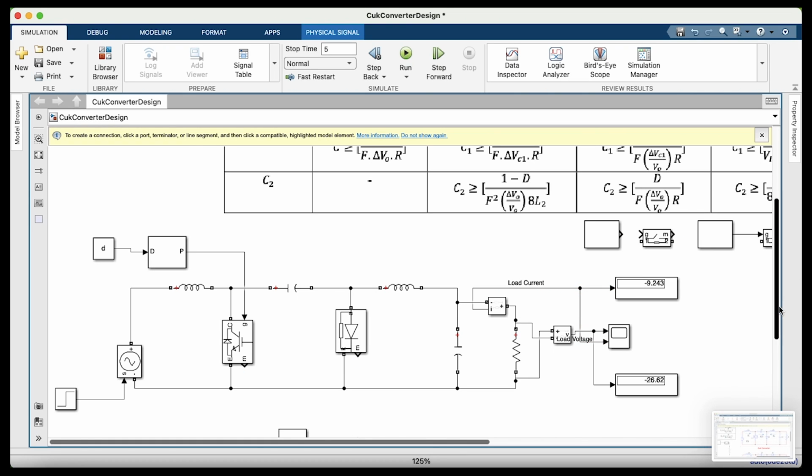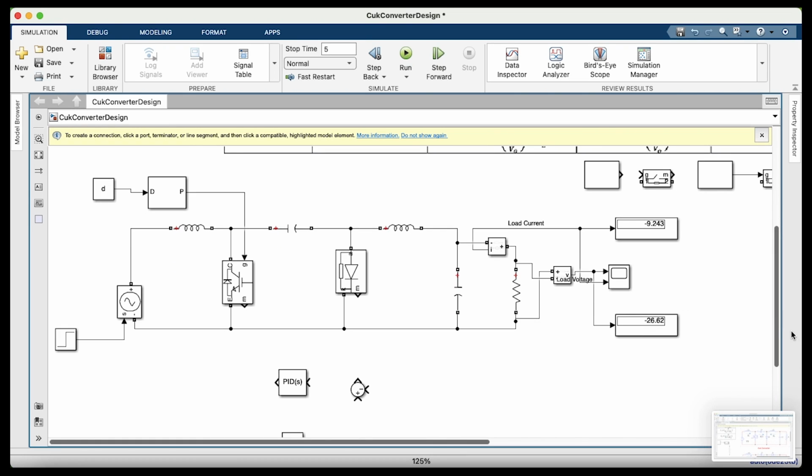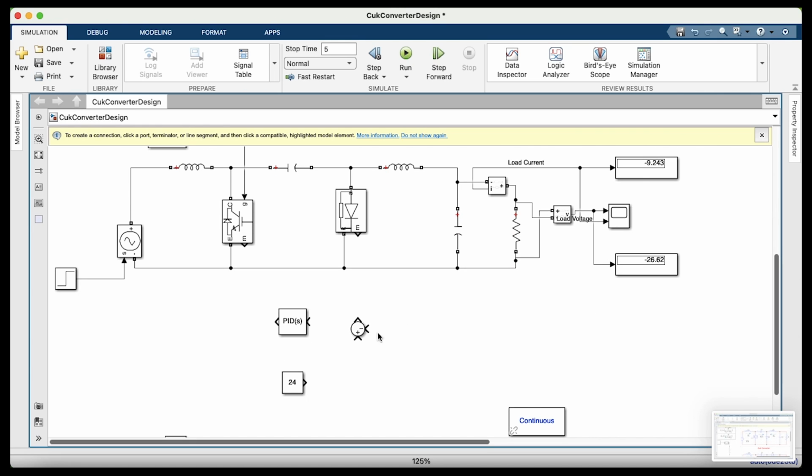Now I will get the reverse polarity, that is a positive value. This is the reference and this is the actual output voltage. I connected it with this output voltage, and my reference voltage is 24 volt.